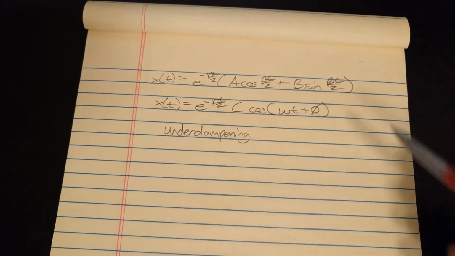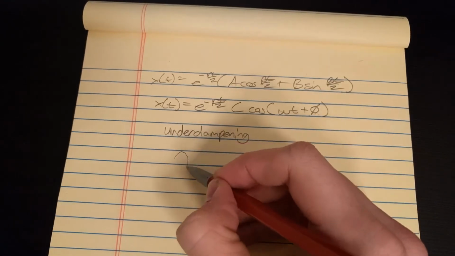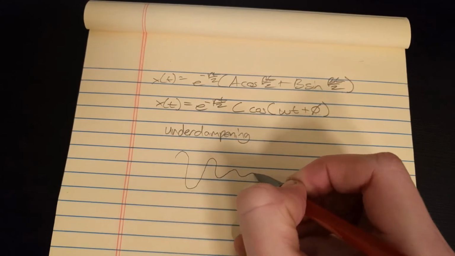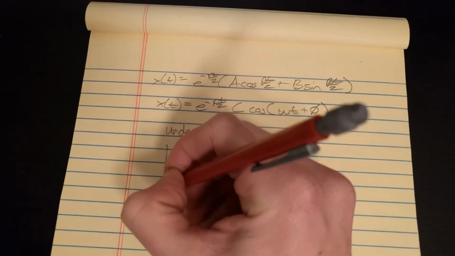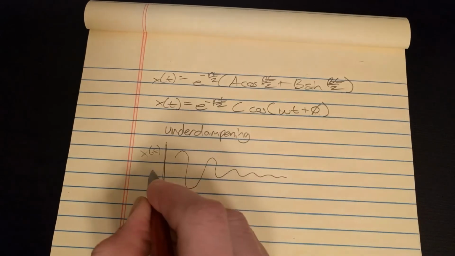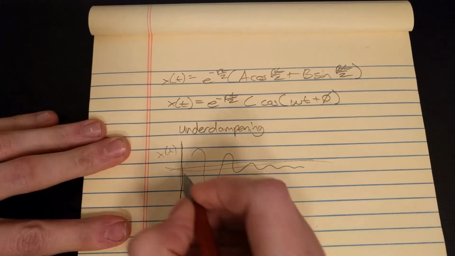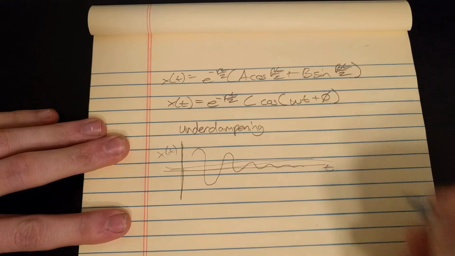All these things are going to go through multiple oscillations like this, but the oscillations are eventually going to decay down to 0, where here I have x of t on this axis, and on this axis I have t.